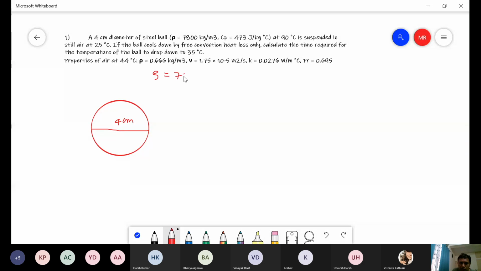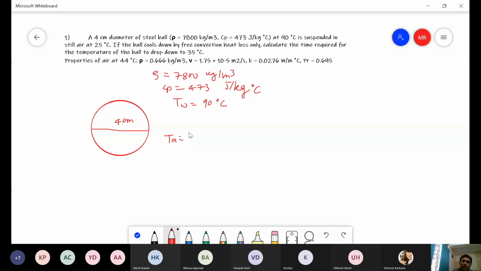Cp is given as 473 joule per kg per degree Celsius, and initially the temperature TW is 90 degrees Celsius. The ambient temperature, T ambient, is given as 25 degrees Celsius.